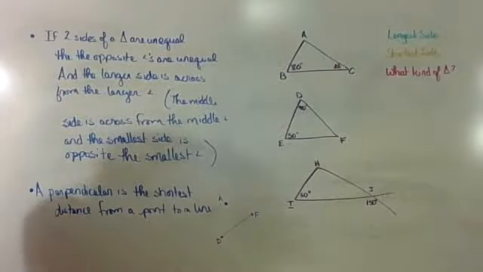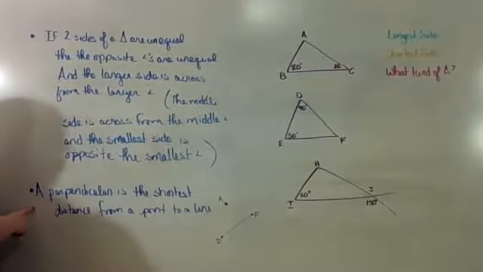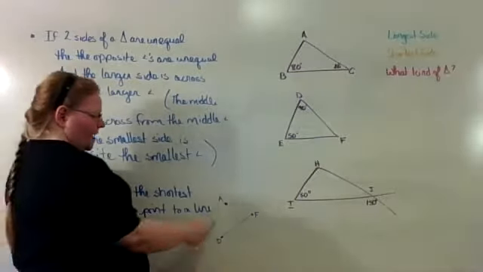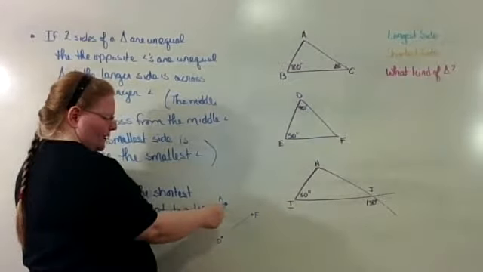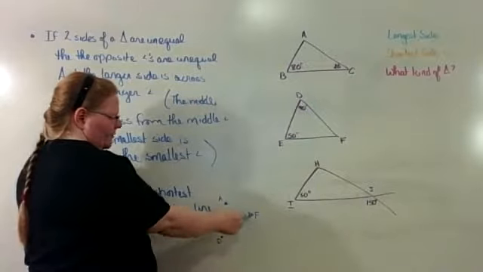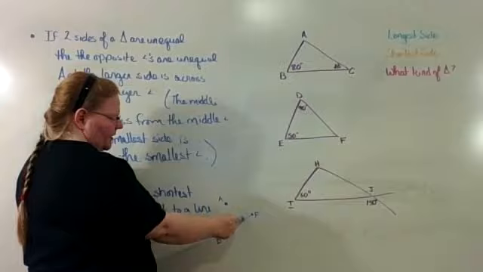The one about the 90 degrees thing is this one. A perpendicular is the shortest distance from a point to a line. Now, there are lots of lines that I could draw from this point to this line. I could give you that one right there. I could give you that one right there. I could give you this one right here.